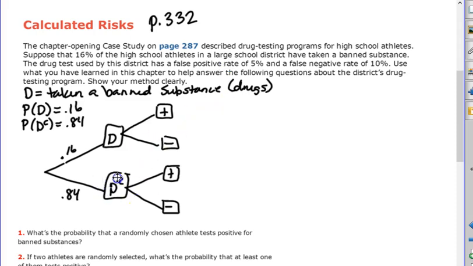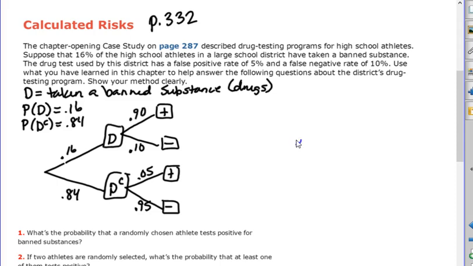So this is a case where they didn't take drugs, but they tested positive. That's 0.05. So the opposite of that would be that they tested negative for the drug, which would be 0.95. A false negative means that they get a negative result on their test even though they did take drugs. So this would be 0.10, and then this would be 0.90.